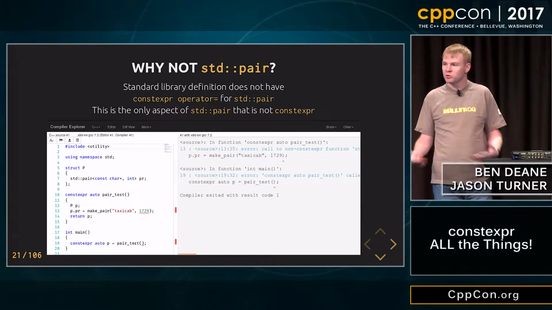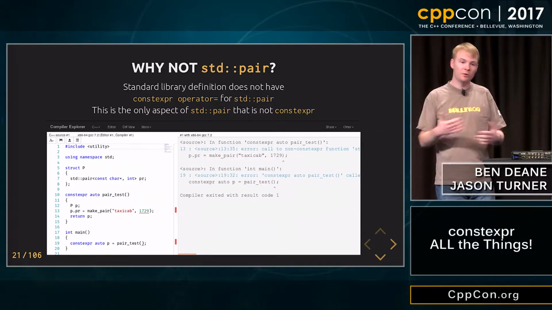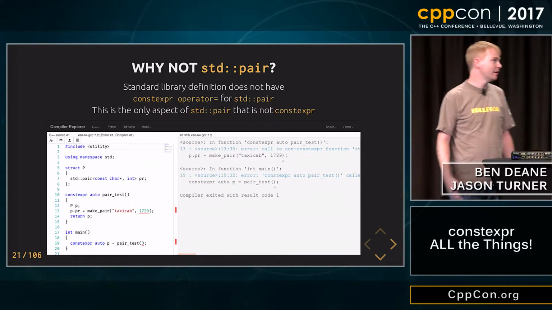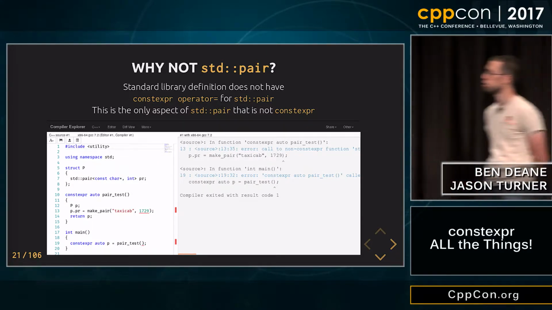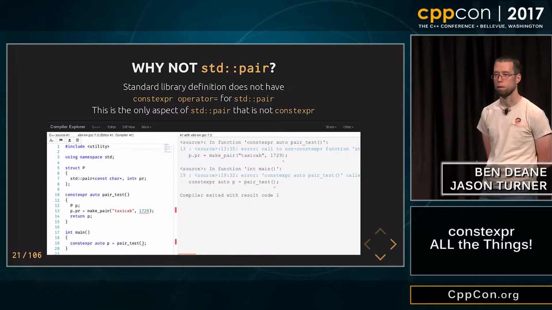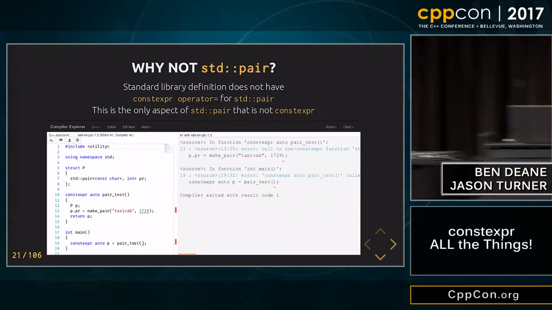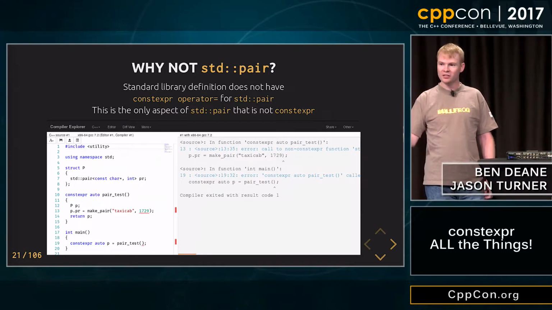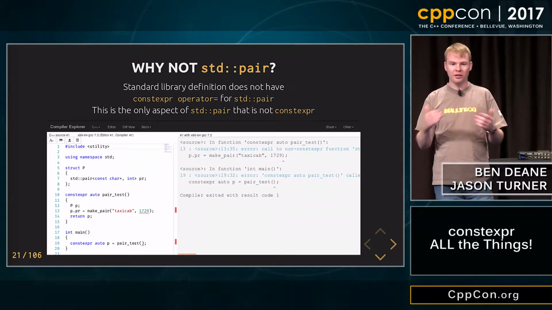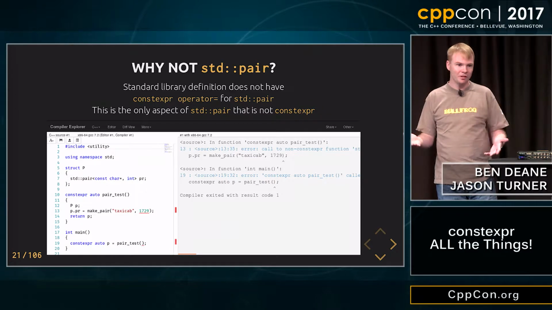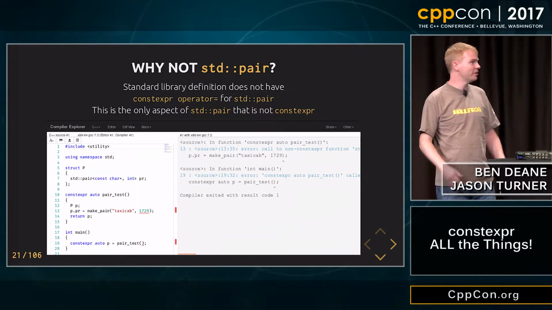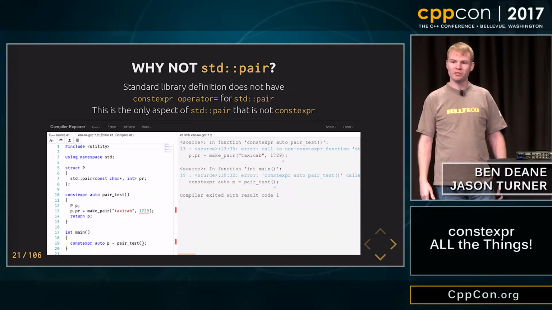It's just because nobody's got around to it yet, nobody's done a proposal. Some things are like a weird little hole, like everything about standard pair except for the assignment operator. And of course, if you have a standard pair with two things that are constexpr, you can do dot first assign and dot second assign, and effectively you have assignment. So to not have assignment operator on the pair is probably an oversight.